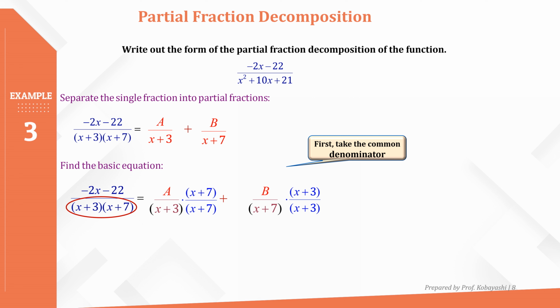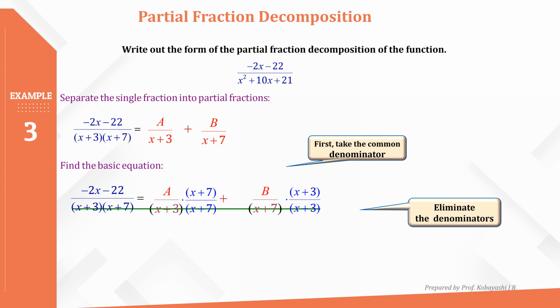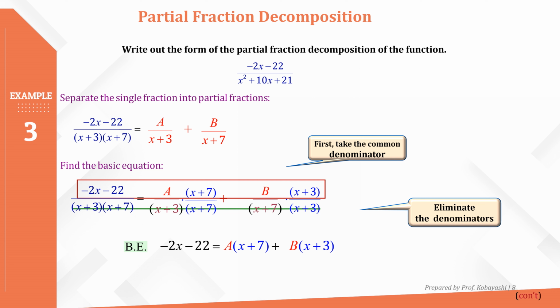Then multiply through by the bottom, so we no longer have fractions. The numerators of both sides of the equation is called the basic equation that is used to solve for A and B.